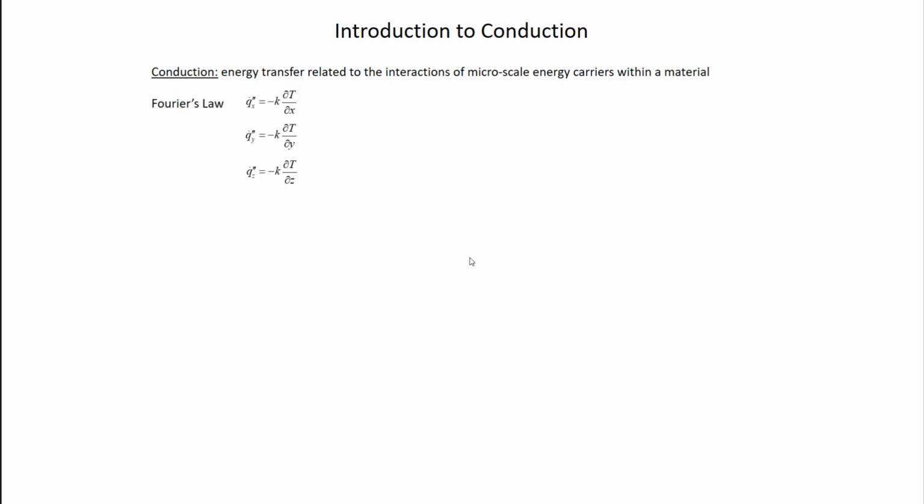And when those energy carriers get hot, they're moving around very quickly. And those hot, fast-moving energy carriers tend to collide with the cold, slow-moving energy carriers, and those collisions transfer energy from hot to cold. And that's the underlying basis of conduction.